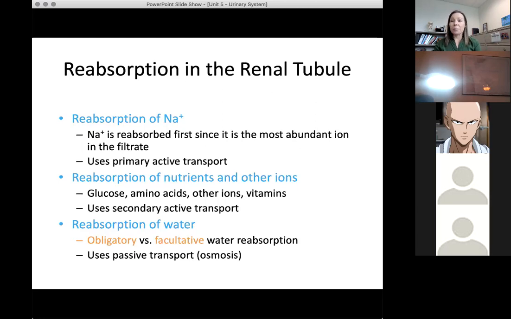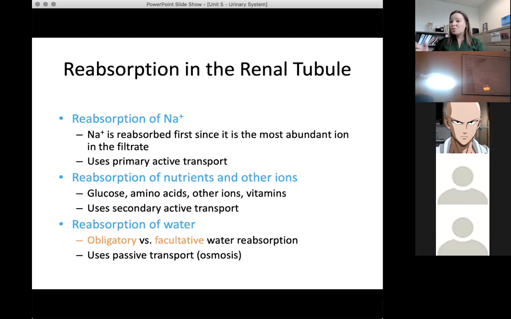So, for example, if you are dehydrated, you are going to want to keep and reabsorb as much water as possible so that it remains in the body and you're not losing even more water through urine. So through facultative water reabsorption, your body would release certain hormones which cause even more water to get reabsorbed.